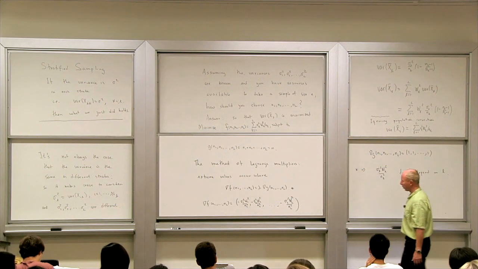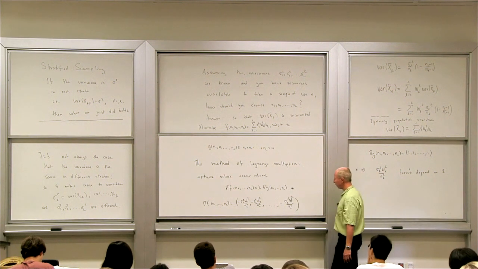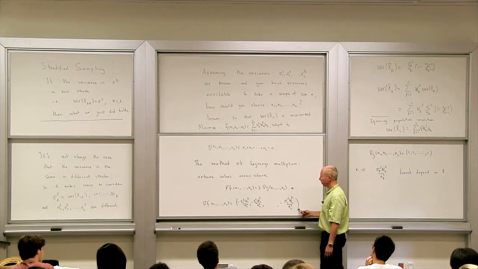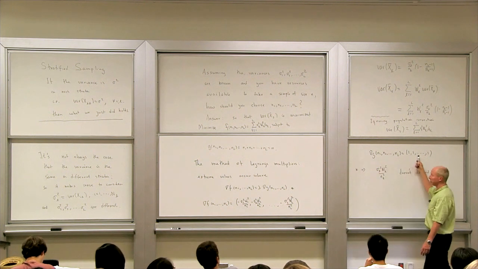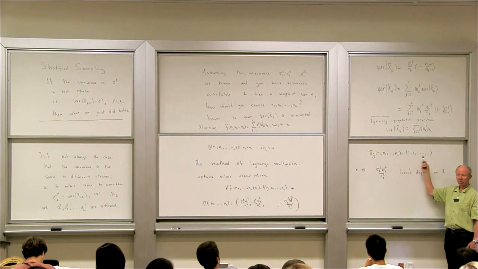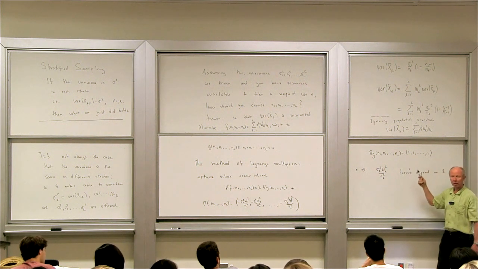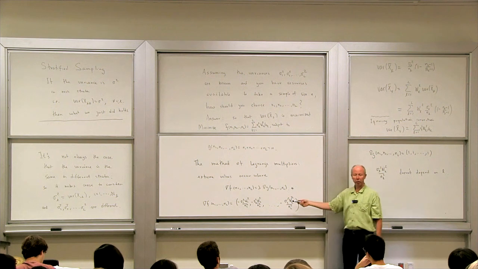Why is that? What does this equation say? It says that the components here must be equal to lambda times the components here. What are the components here? They're all lambdas. So all these all have to have the same value.